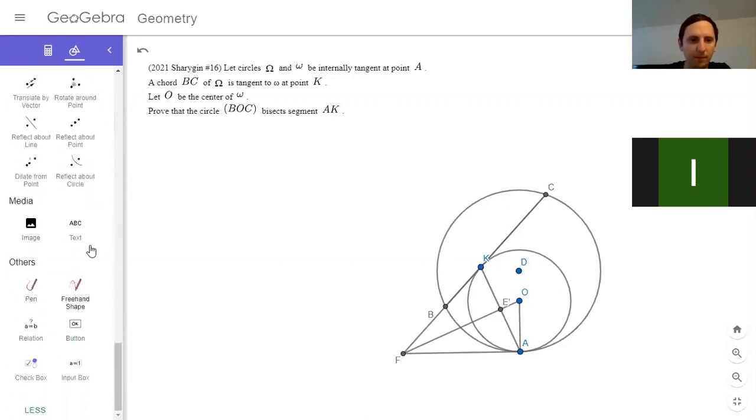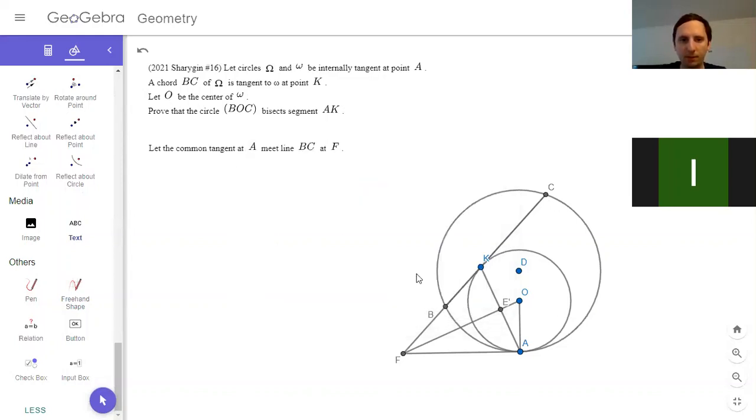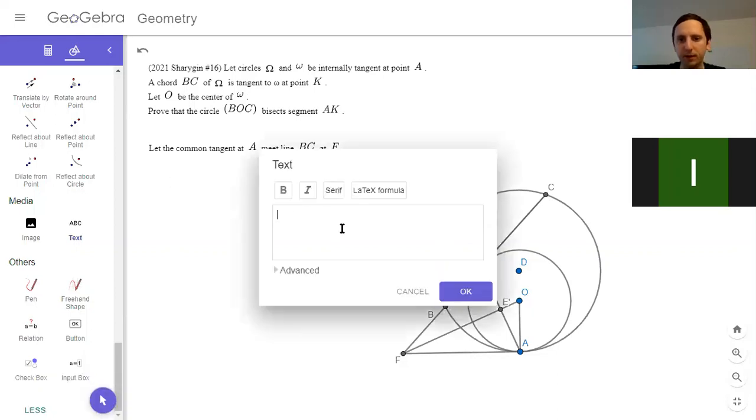Okay, so write it like this: let the common tangent at A meet line BC at F. And then let OF, so FK and FA are tangent.